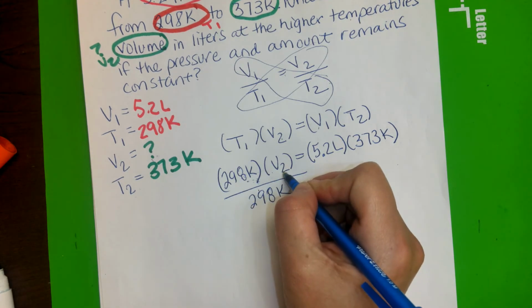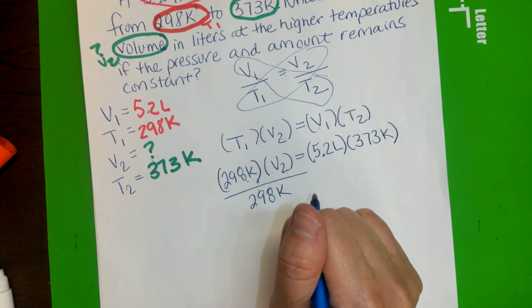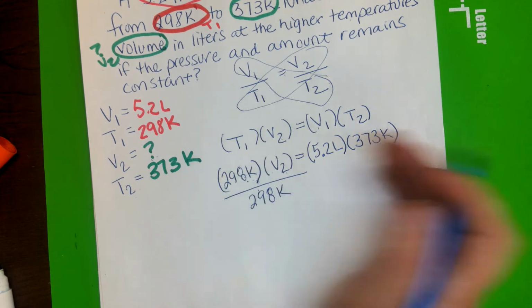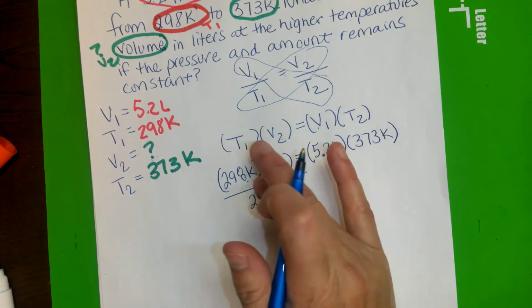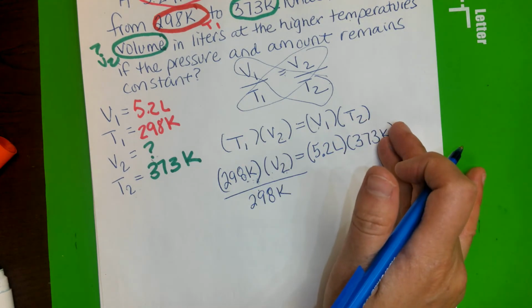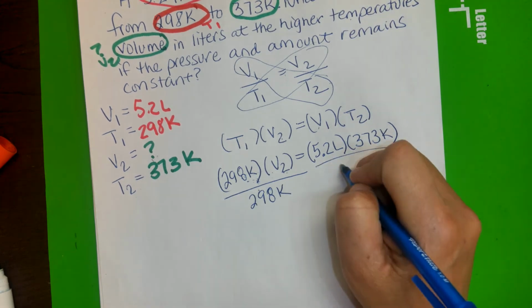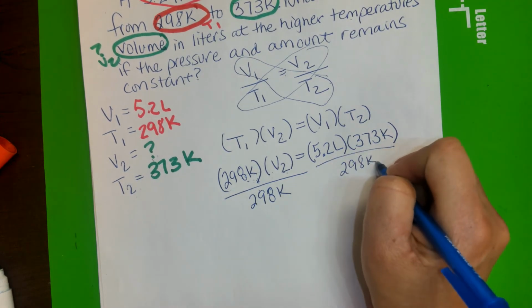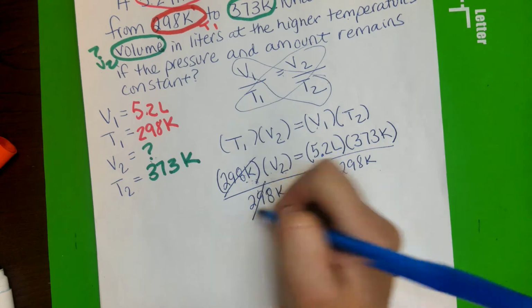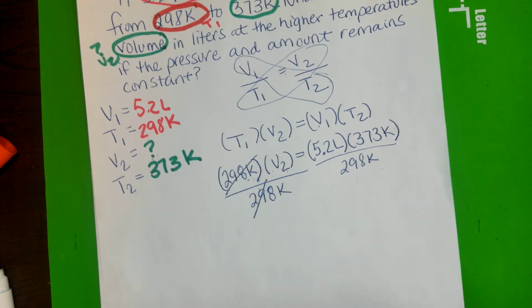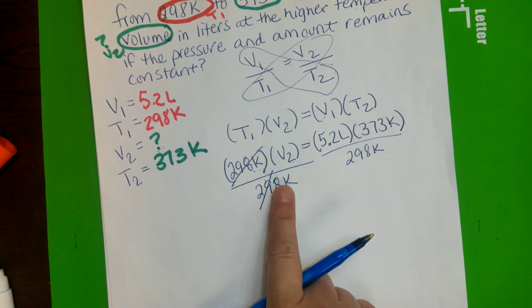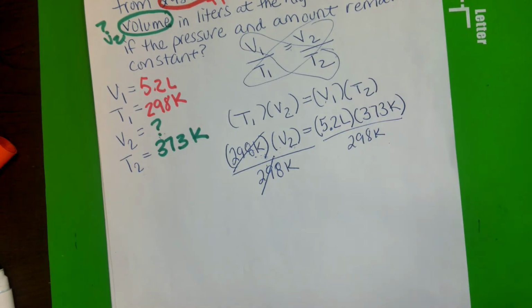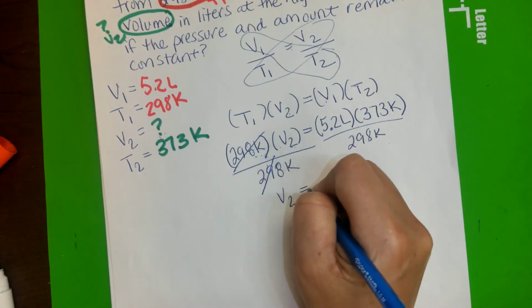We're not moving the V2, we want to leave it alone. We want to move the 298 to the other numbers. So you do the same thing to the other side, 298 Kelvin, and then you cancel those. If you think about it, 298 divided by 298 is just 1. So now that we're done with that, it will be V2.